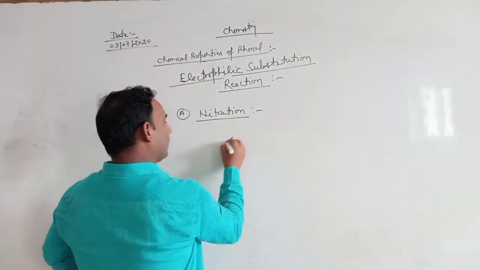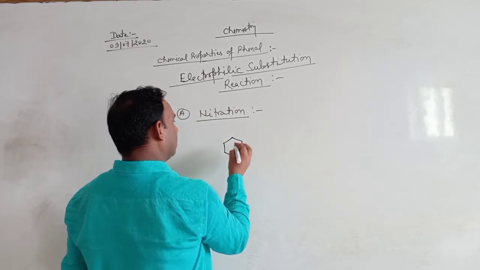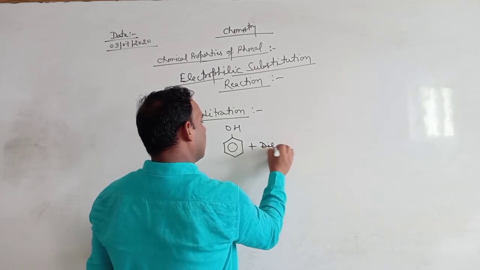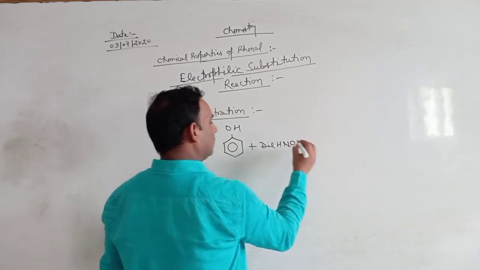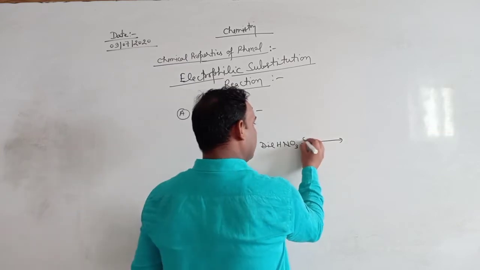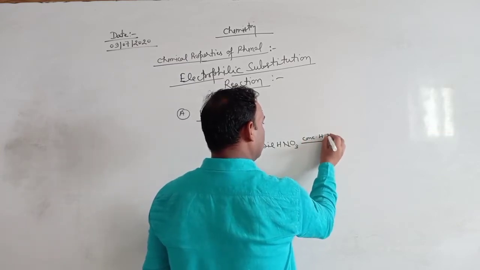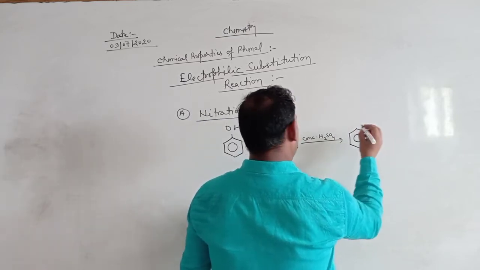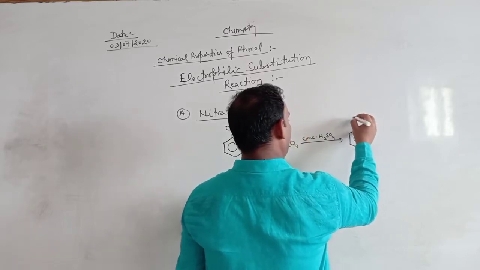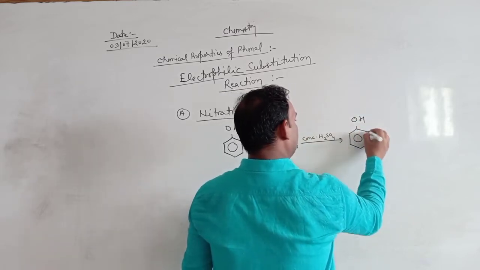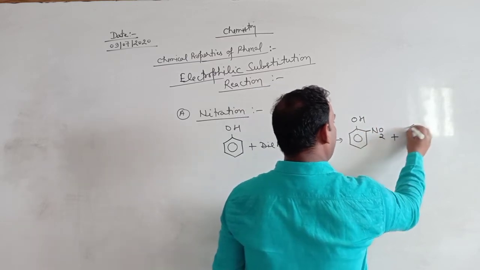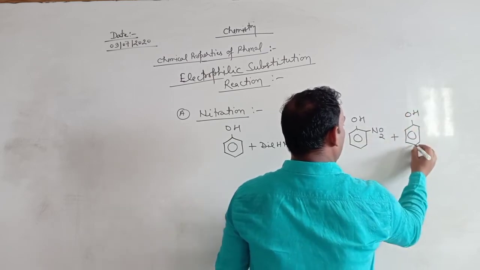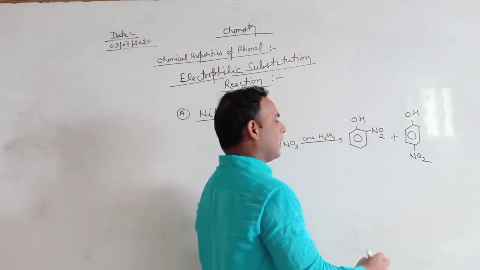Okay, when phenol is heated with dilute HNO3 in the presence of concentrated H2SO4, then we get a mixture of orthonitrophenol and paranitrophenol, in which the yield of the para isomer is high.